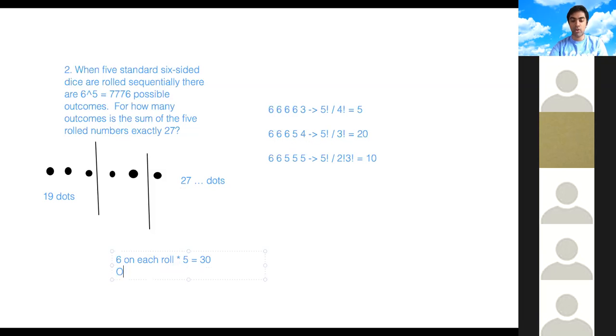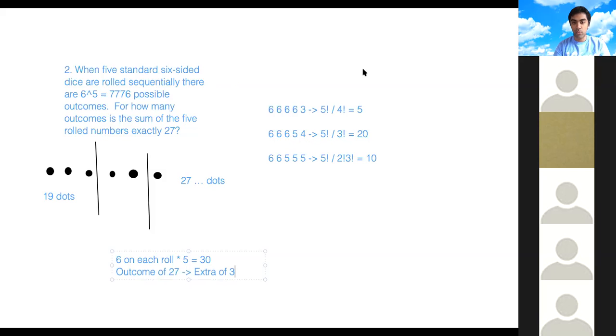So I want to get an outcome of 27. So basically there's an extra of 3. I have to spread out 3, like losing 3 from the maximum among my die rolls. So I could lose 1 from the first, that means rolling a 5 the first time, and losing 2 from the last one. That corresponds to getting a 4 on the last roll.